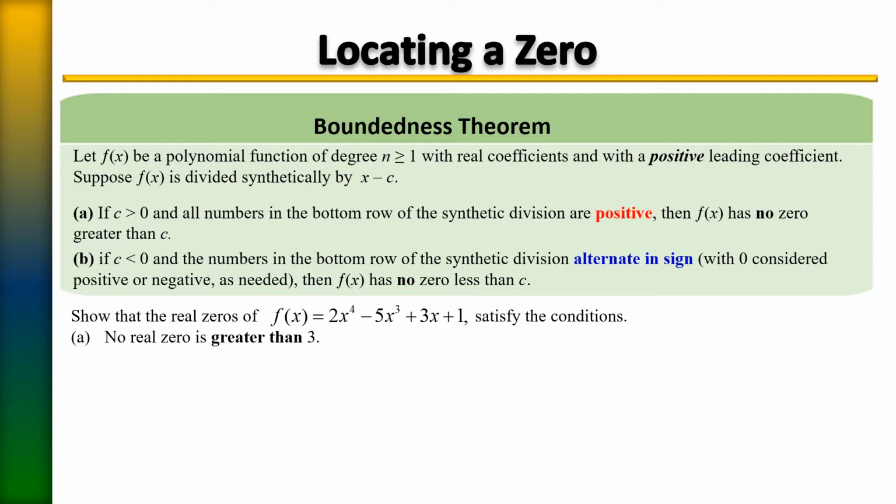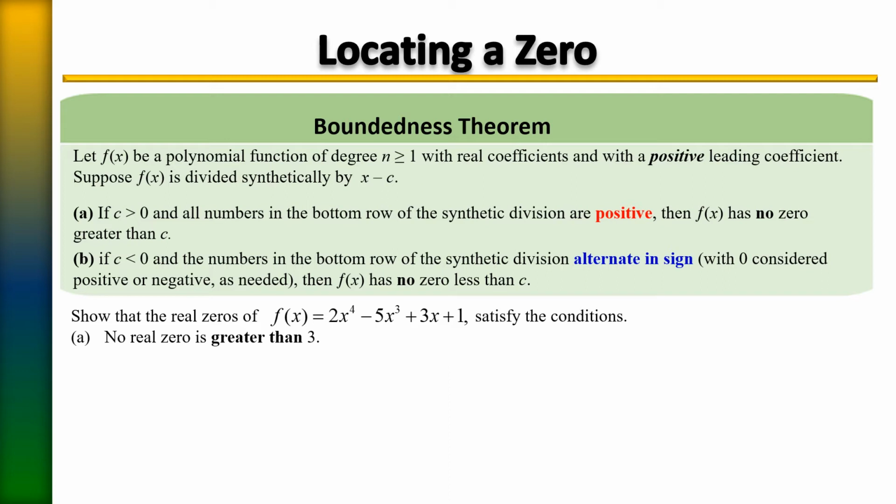If they are, then that is proof that there are no real zeros greater than 3. However, if all the signs in the bottom row are not positive, then that would be a false statement. So let's go ahead and do the synthetic division there.